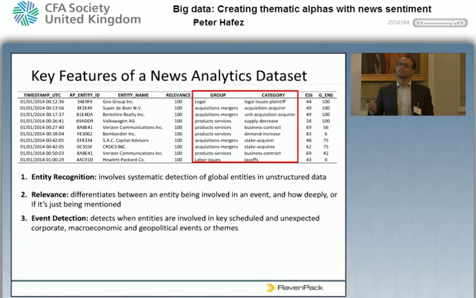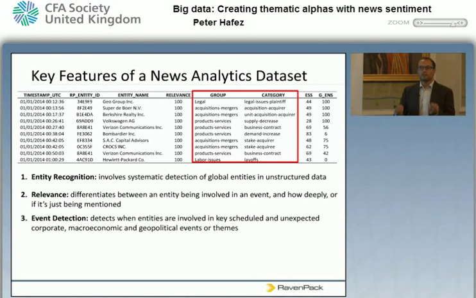And relevance is really the way to link whether a particular entity is involved, for instance, in an event, and also how deeply it's involved in that particular event, or whether it's just a mention. So it's very good for noise filtering. And it's especially important for global macro, because as I mentioned, places are mentioned a lot.